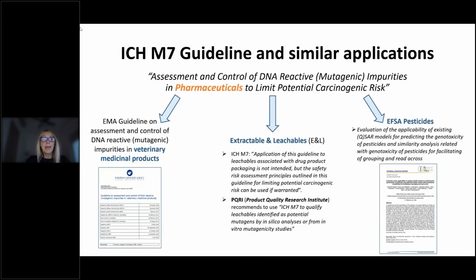But this guideline has also influenced and promoted the use of in silico methods in other contexts, for example, in the context of veterinary medicinal products, in the context of extractables and leachables, where the mutagenicity assessment is performed according to the ICH M7 guideline, and I will come back to this specific application field, but also in the context of genotoxicity assessment of pesticides, in more detail with respect to the bacterial mutagenicity assessment according to the approach that is suggested by the European Food Safety Authority.